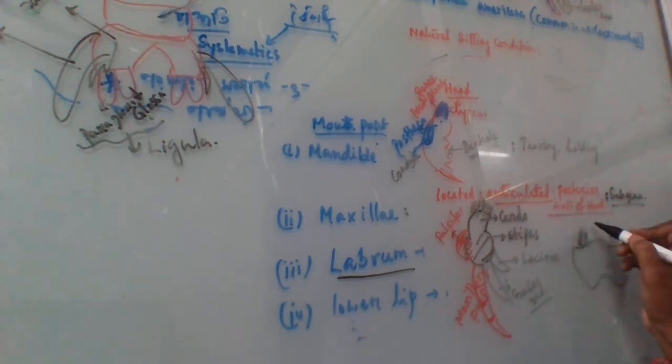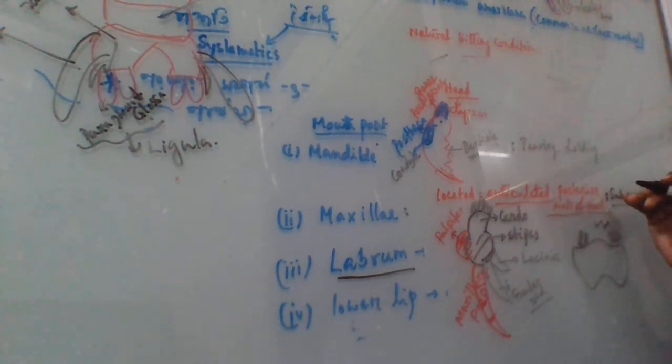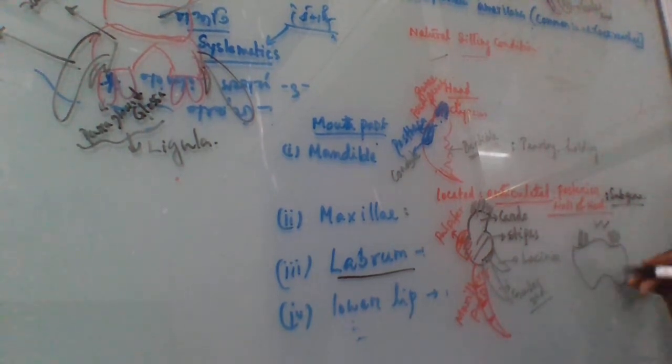So the upper lip, from upside to down. This portion is attached with a ligament, and it is attached with the clypeus.